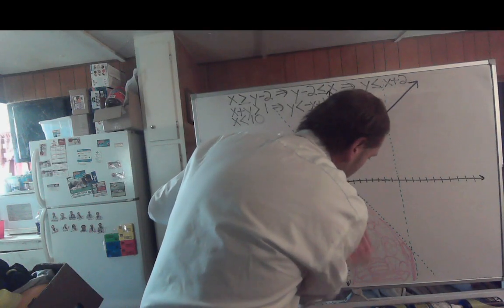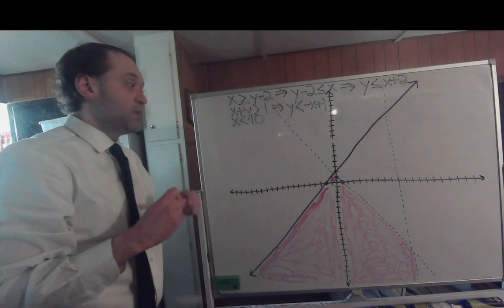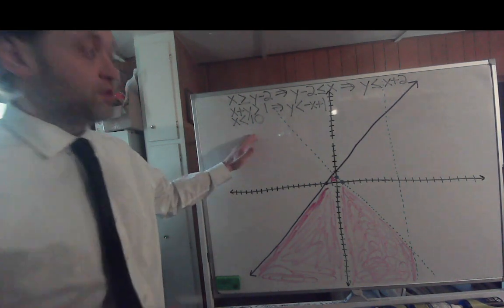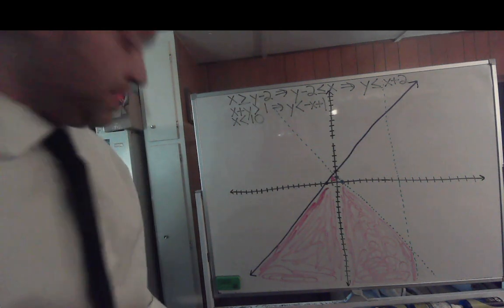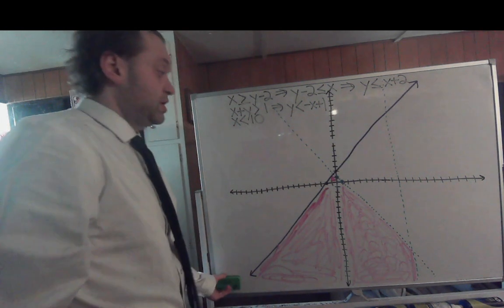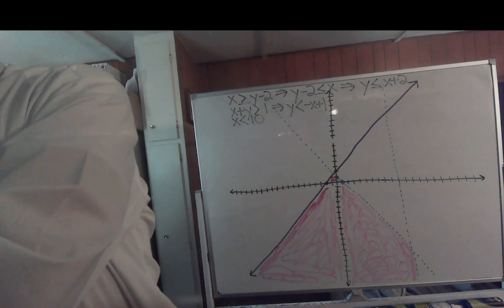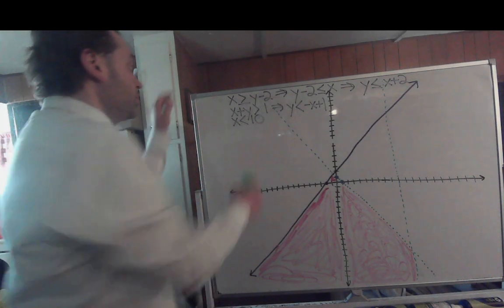So this shaded area does in fact represent the region that we'd be interested in that meets all 3 of those constraints. All right, there should only be 3 more, just 3 more, and then we're done.